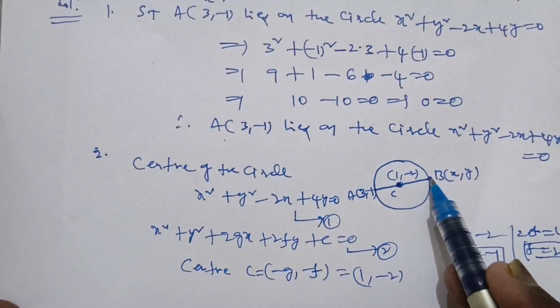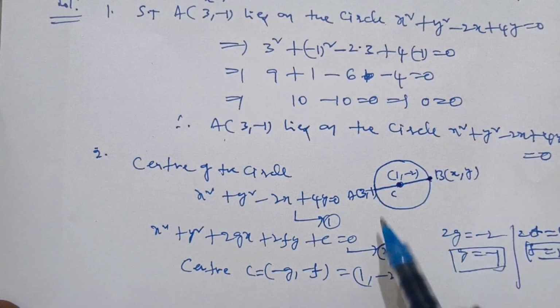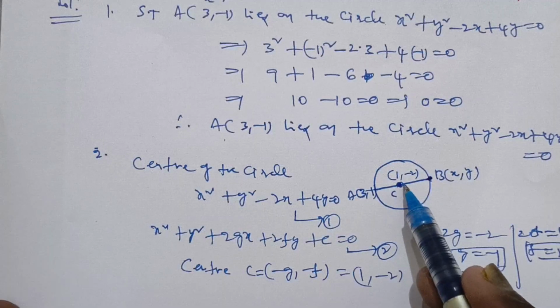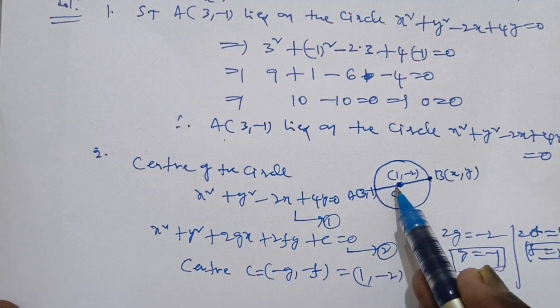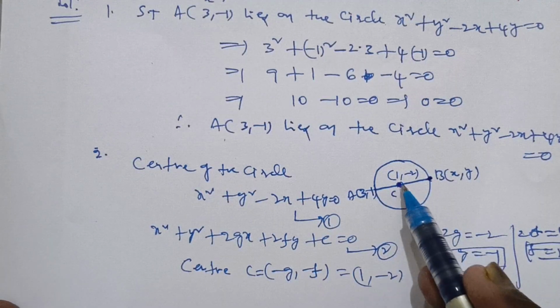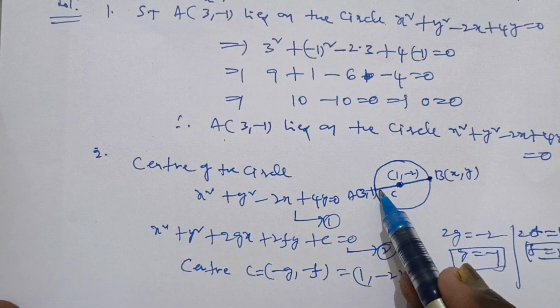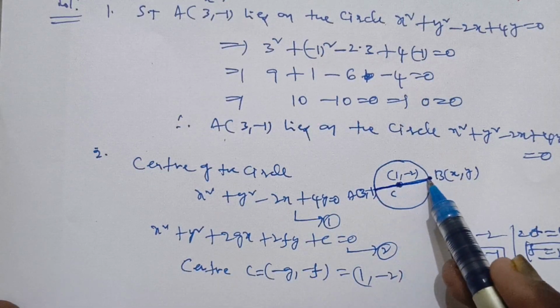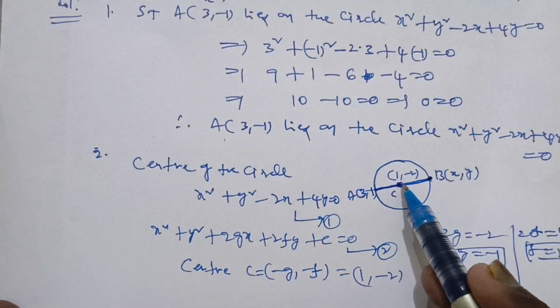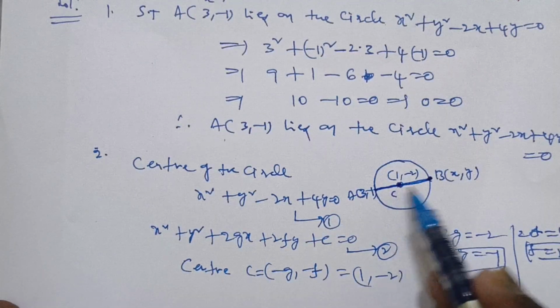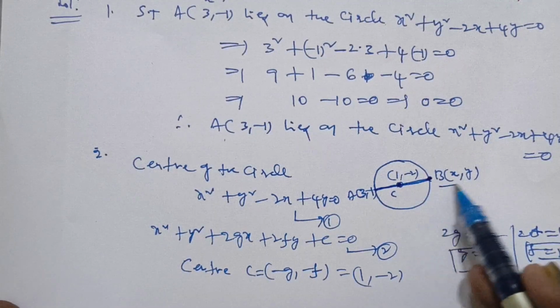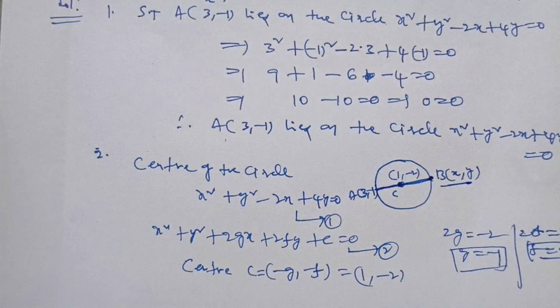So we need to find the other end of the diameter. It is exactly the center of this diameter. Yes, so 1 comma minus 2 is the center of the circle, which means it is the midpoint of this diameter. So we apply the midpoint formula to find the value of this.